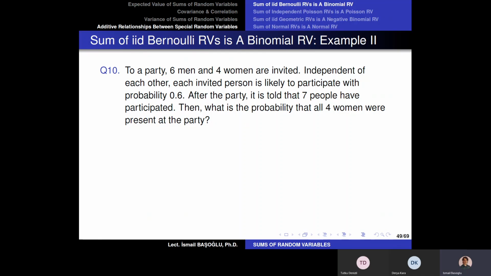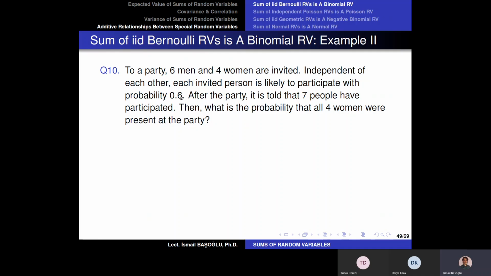Independent of each other, each invited person is likely to participate with probability 0.6. So each person is likely to participate with probability 0.6. After the party, it is thought that 7 people have participated. Okay, so we know that everybody is likely to participate with 0.6 probability.